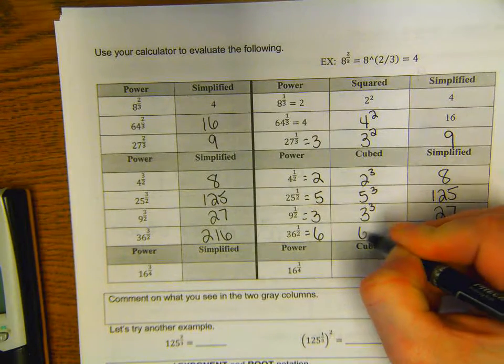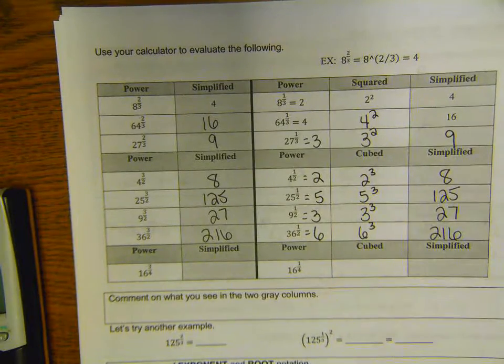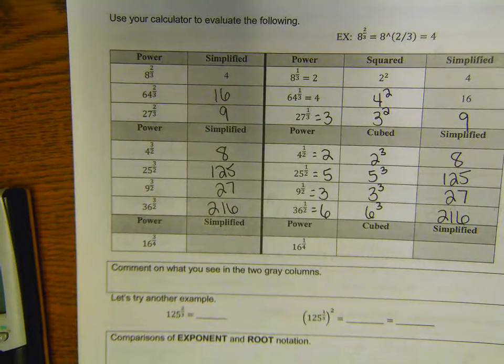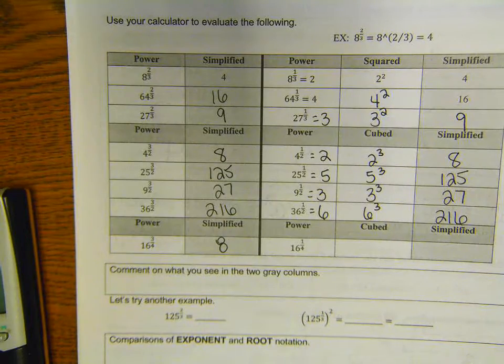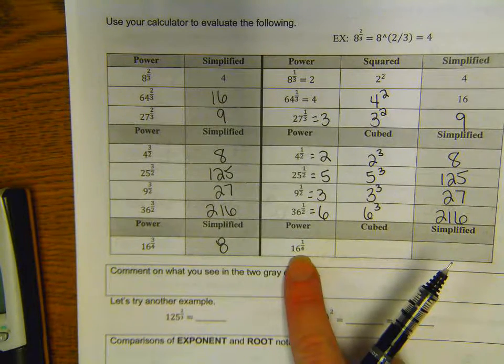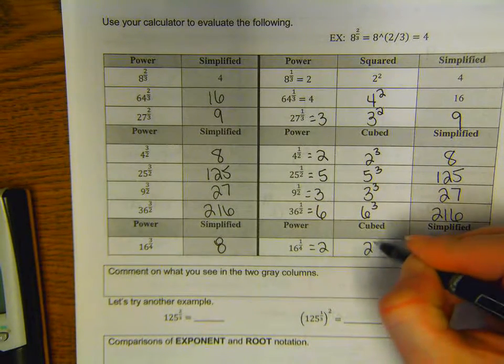And then what's 6 cubed? And finally, what's 16 to the 3/4 power? 8. So this time, I'm going to do 16 to the 1/4. What's the 4th root of 16? 2. And what's 2 cubed?